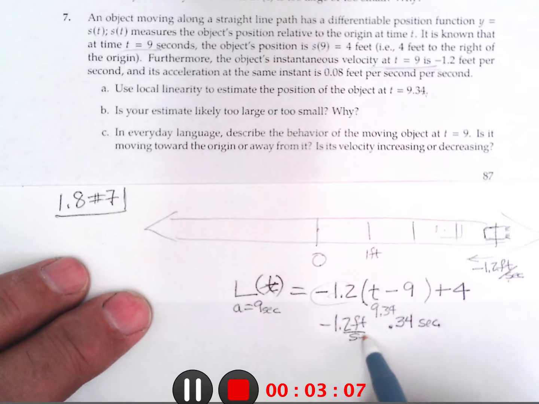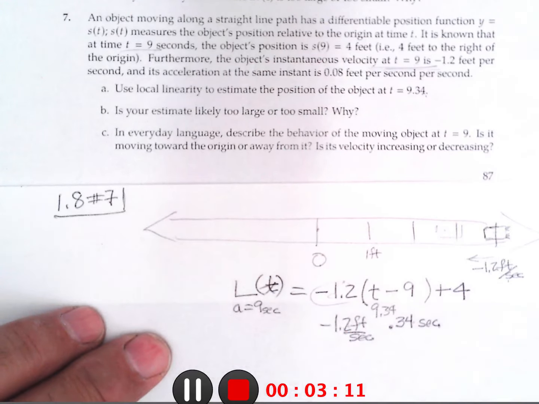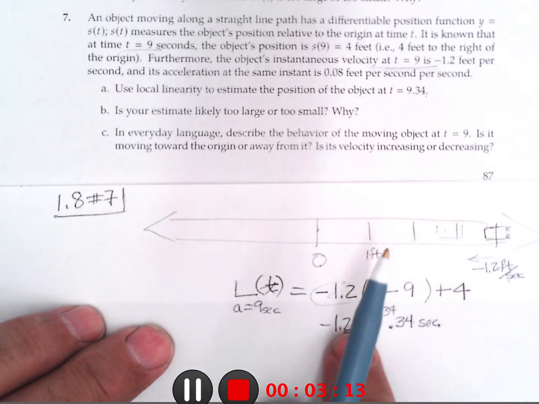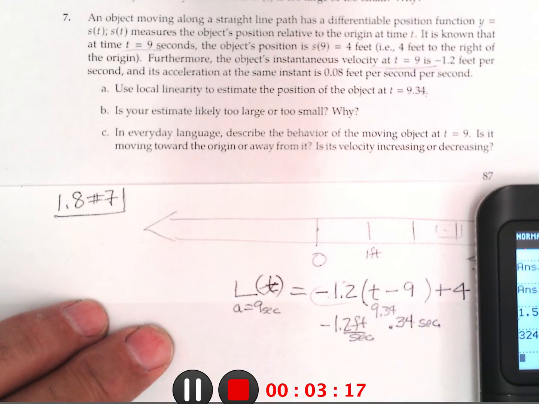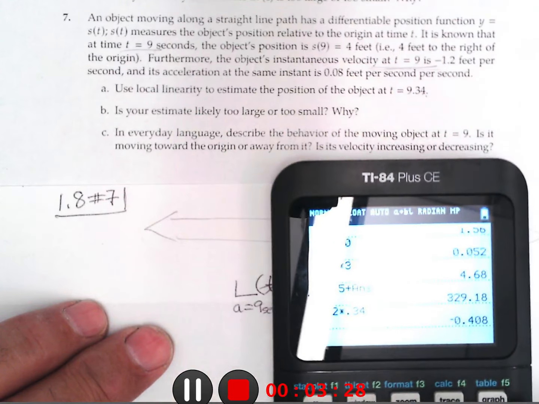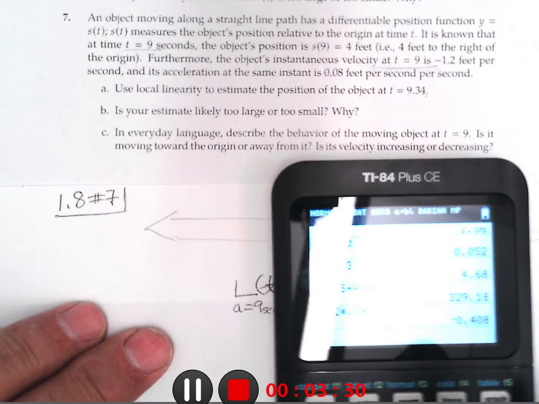If we multiply those, if it was going at a constant speed, it would have moved negative 1.2 times 0.34 seconds, negative 0.408 feet.